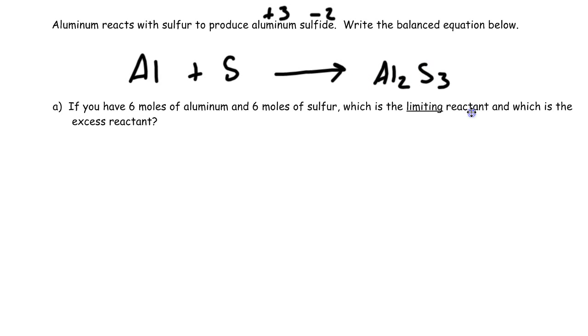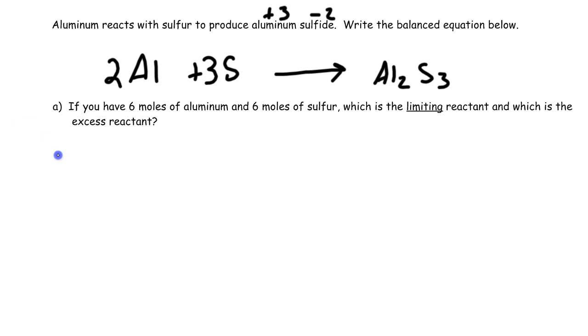In order to balance, I have 2 aluminum on this side. I'm going to change my coefficient in front of this aluminum to a 2. I have 3 sulfur, so I'm going to change my coefficient to a 3. And now we are balanced. So in limiting reactant problems, we are given 2 starting values, one for each of my reactants.